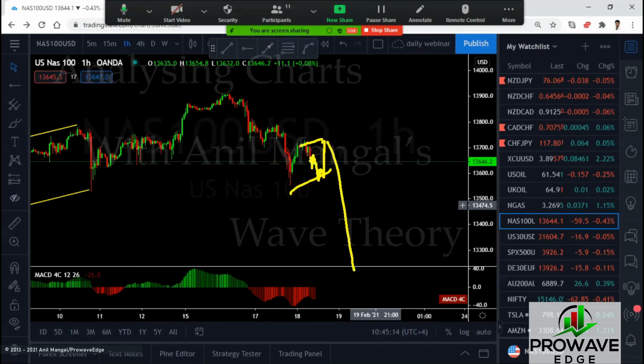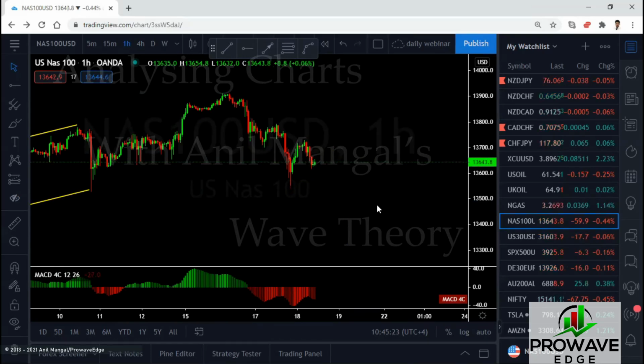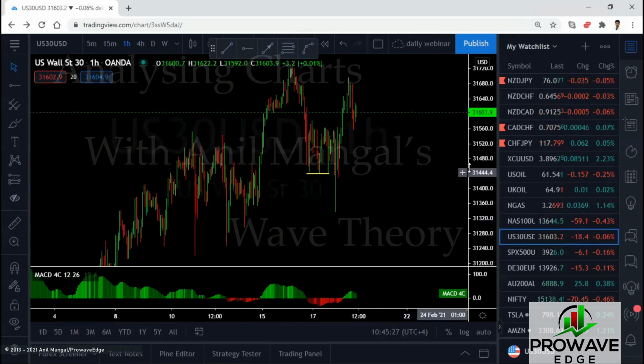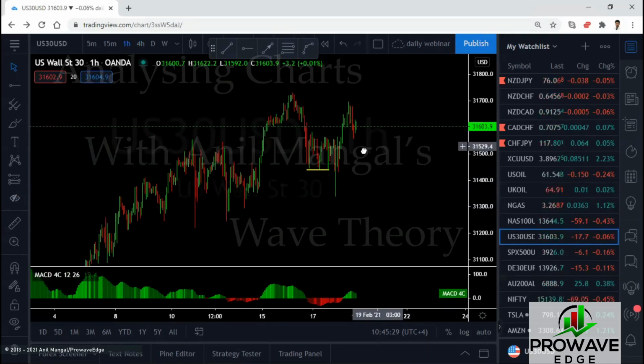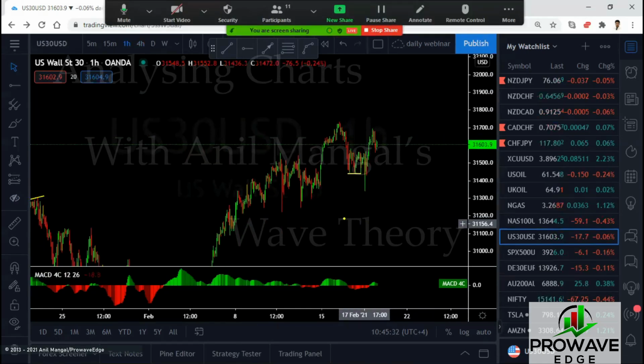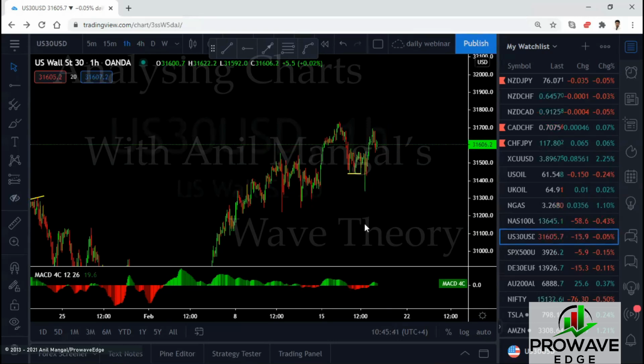This would be a better sell setup and a bigger impulse to the downside. This one dropped also, but you'd have to get out of that trade pretty fast because it went back. I think we looked at this yesterday and we assumed that you might get a new high because of this. So this could still probably go make a new high. There's a high probability of a running flat there.